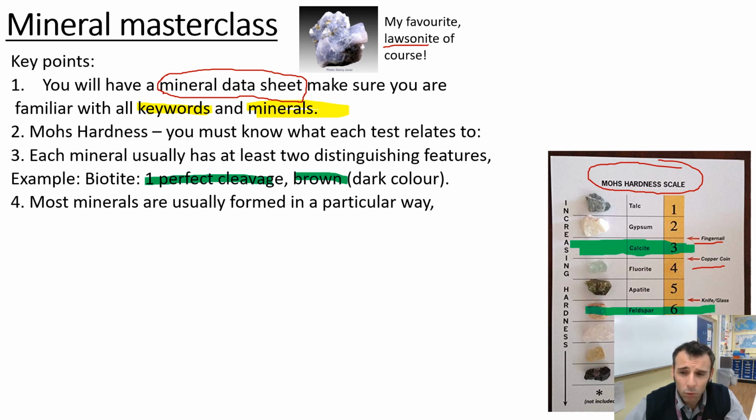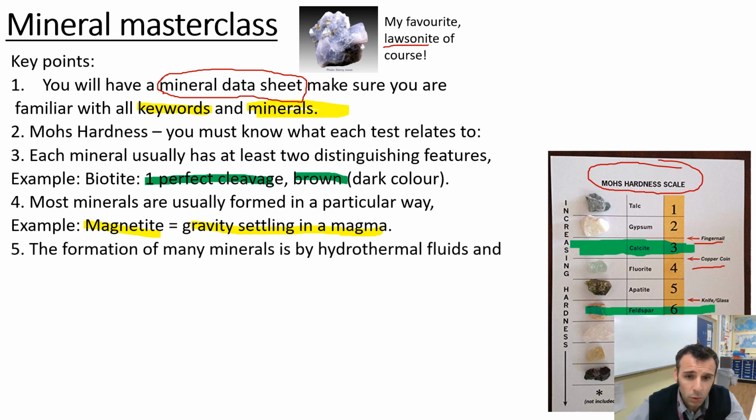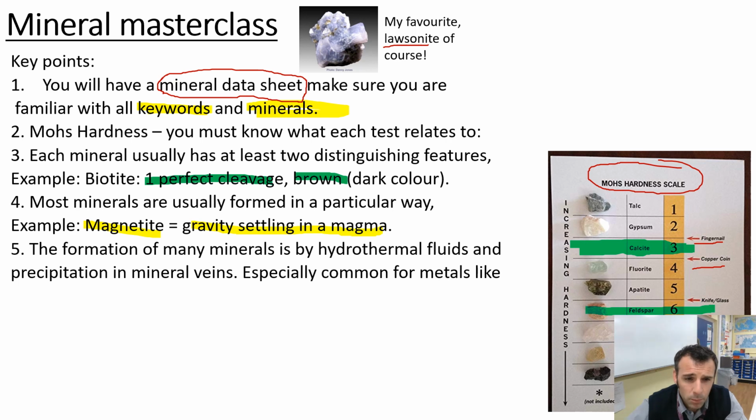And most minerals usually formed in a particular way, so it's really important to understand the mode of formation as well. That's going to be very, very important. And the example that they've given here is magnetite and gravity settling, because it's associated with igneous processes. There are others like the hydrothermal fluids, which precipitate in mineral veins, and that's going to be really, really important.